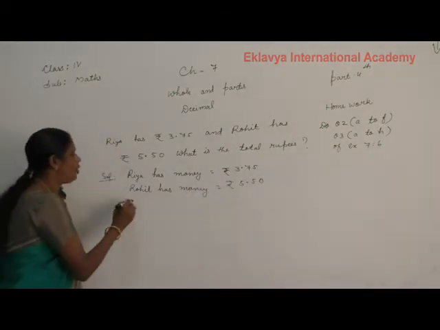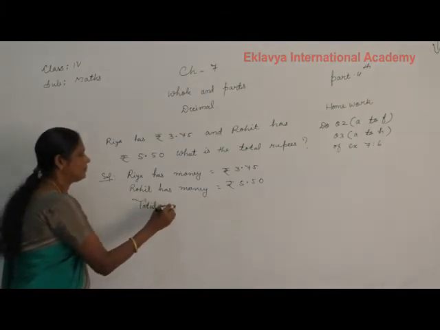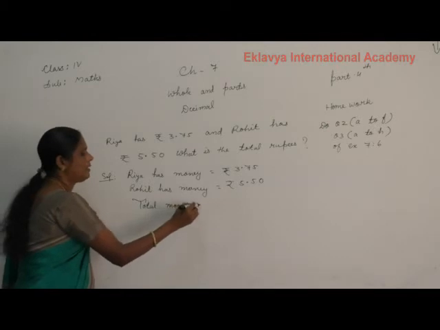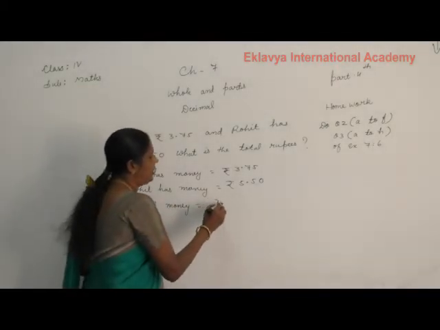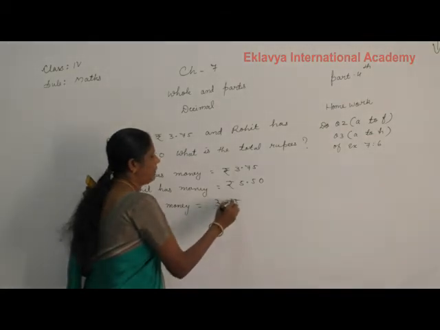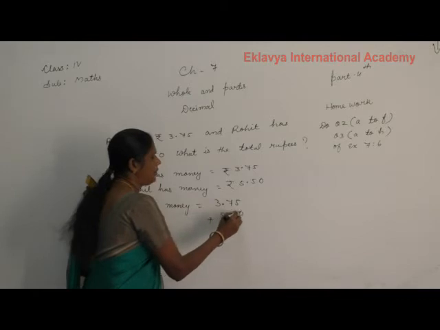Now total money is equal to, we add 3.75 plus 5.50.